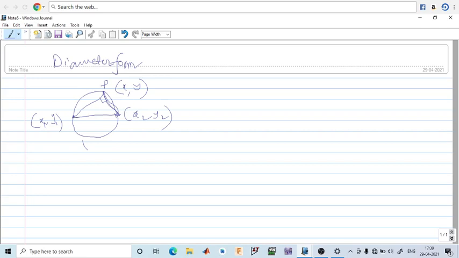So we always know that the angle in a semicircle is 90 degrees. It is known to you. Angle in a semicircle is 90 degrees. If this angle is 90 degrees, suppose this is point A, this is point P, then we can write slope of AP times slope of PB is -1, from the condition of two perpendicular lines, you know that.